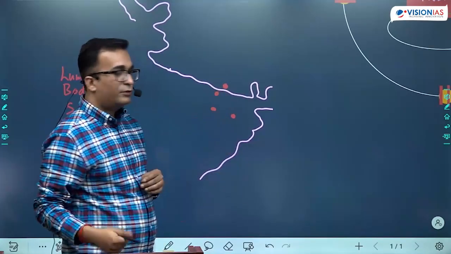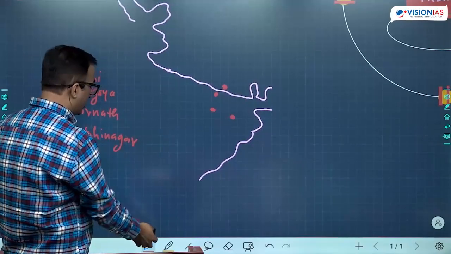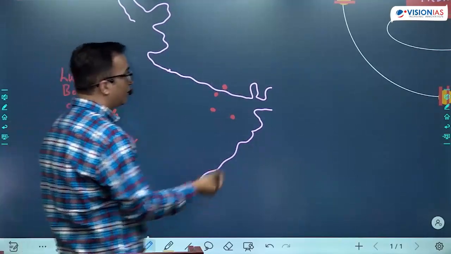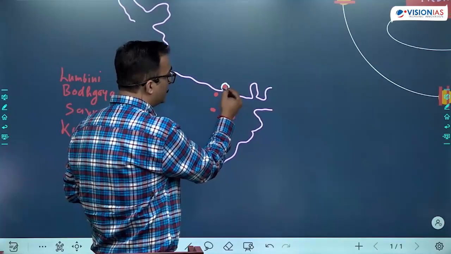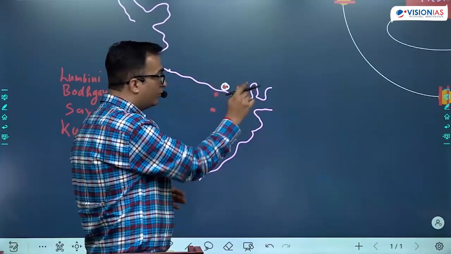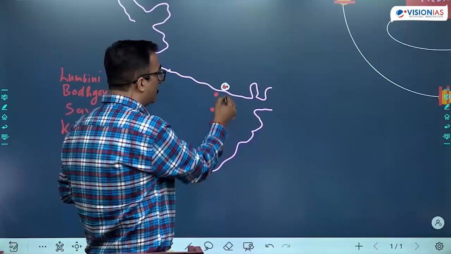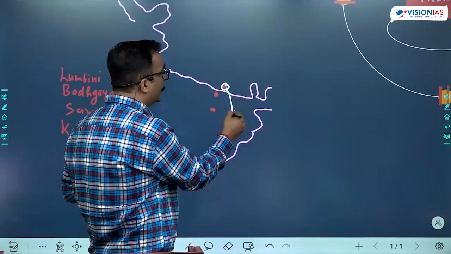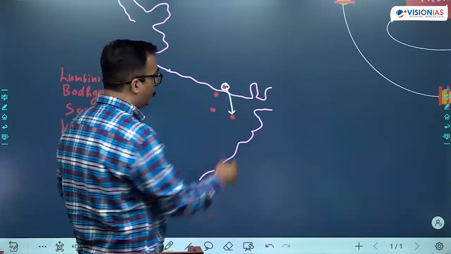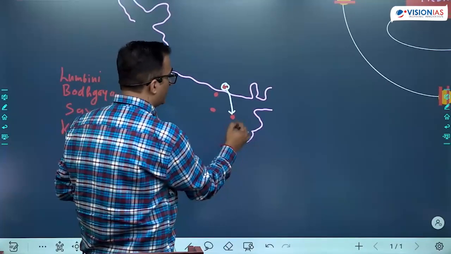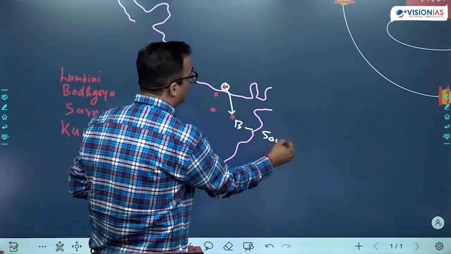Now if we look at the movement of the Buddha, Lumbini is the birthplace, so this is the first place, and we assign no direction to it. Then he moves south, so Bodh Gaya is south.